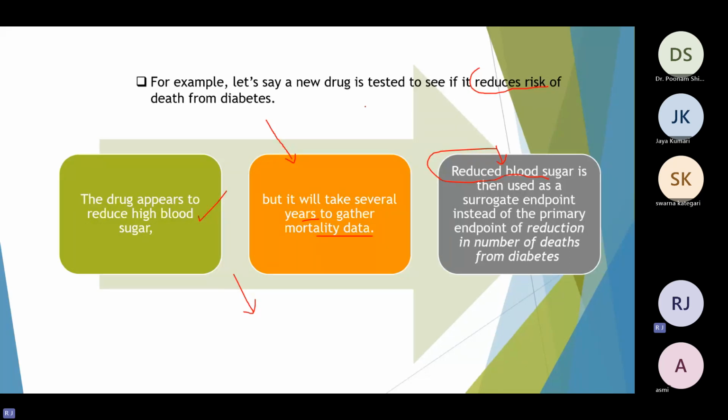We can use some other parameter, and those parameters which are used instead of the primary endpoint are called surrogate endpoints. In this particular case, instead of waiting for the subject to die, we are checking the blood sugar level to know whether our anti-diabetic drug is going to reduce the risk of death from diabetes or not. That is a surrogate endpoint.